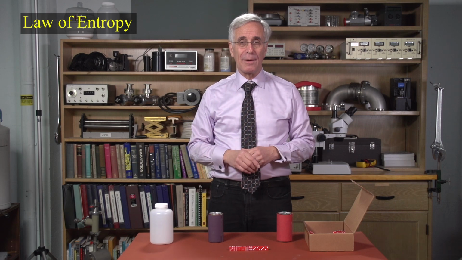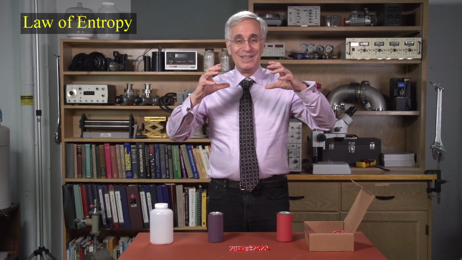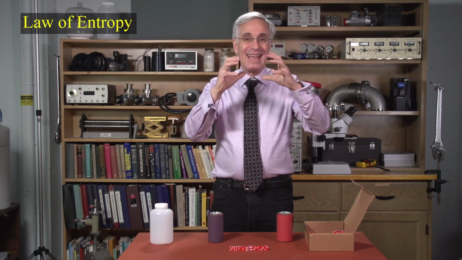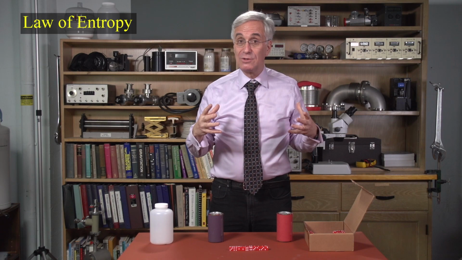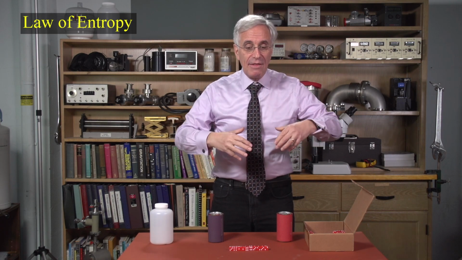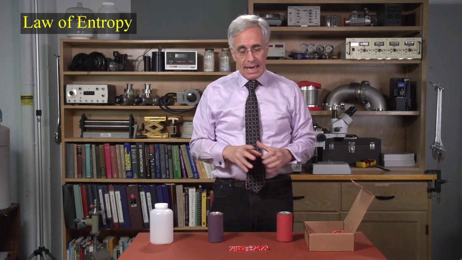Got a lot of words in there, but the basic idea is that entropy likes to increase. It's actually driven by statistics, that things become more and more disorderly with time.